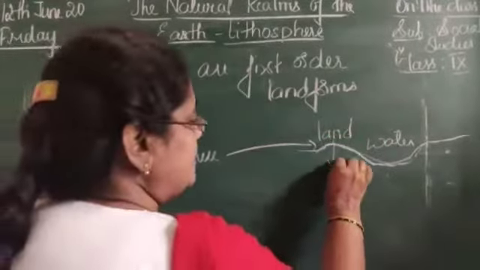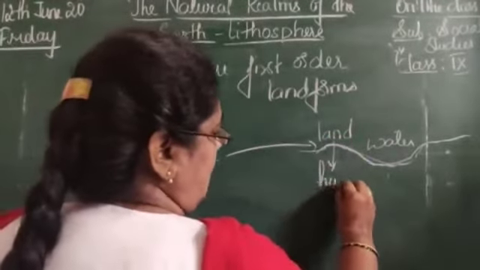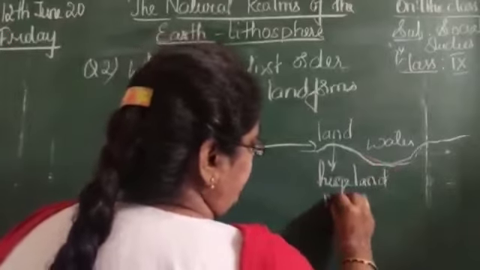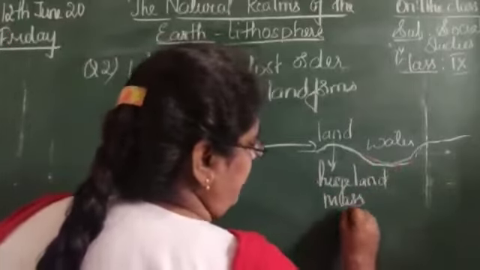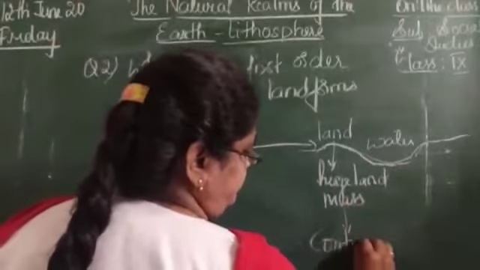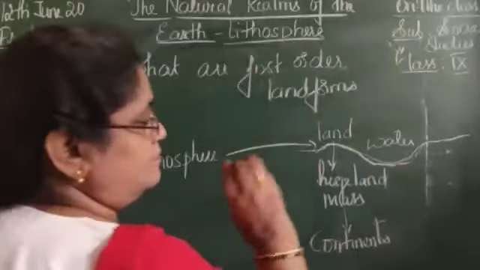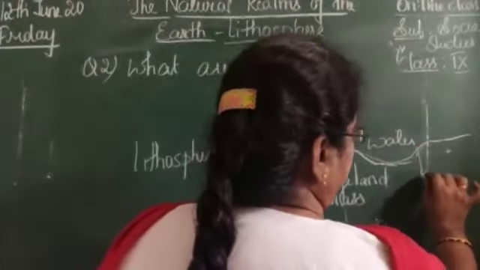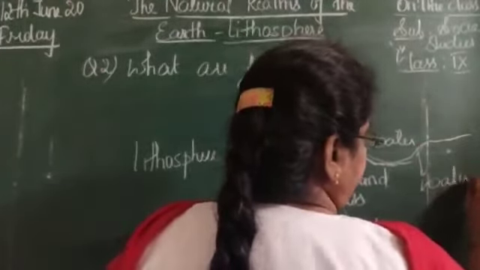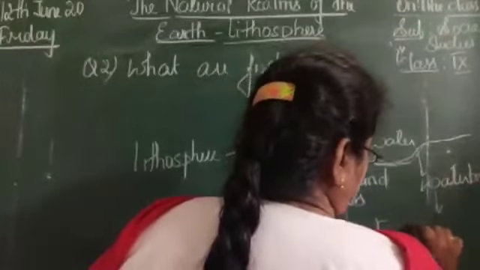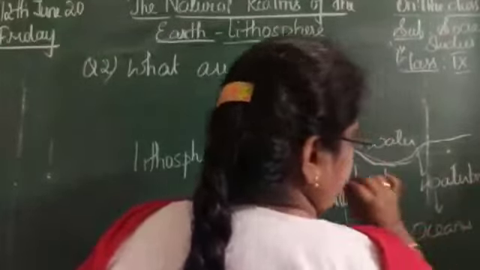Those huge land masses, we call them continents. And huge water bodies, we call them oceans.